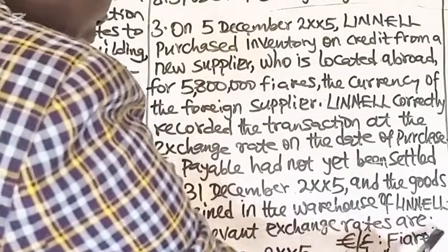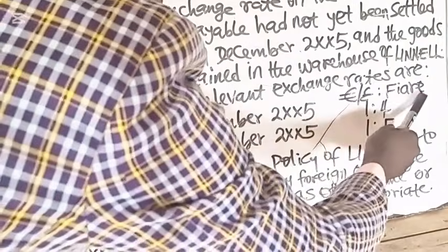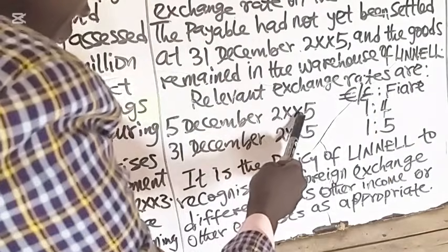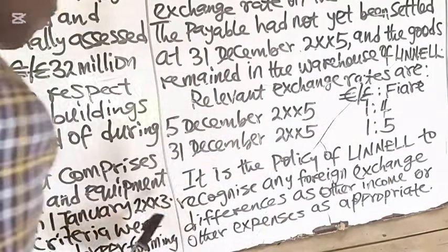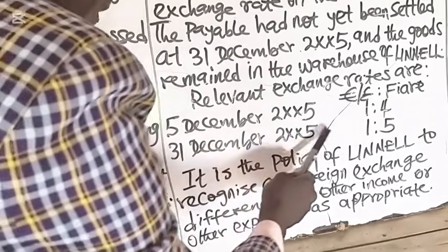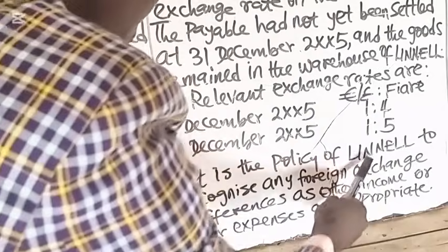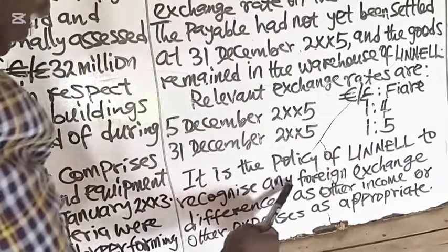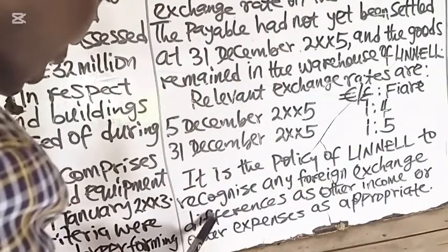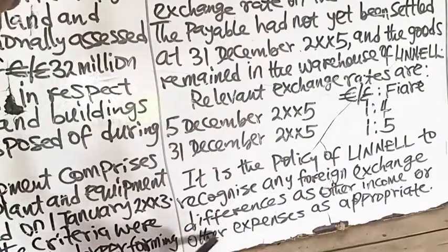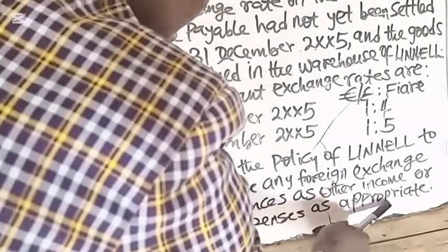Relevant exchange rates are, euro to FIA, 5th December 2005, 1 to 4, 31st December 2005, 1 to 5. It is the policy of Lease to recognize any foreign exchange differences as other income or other expenses as appropriate.